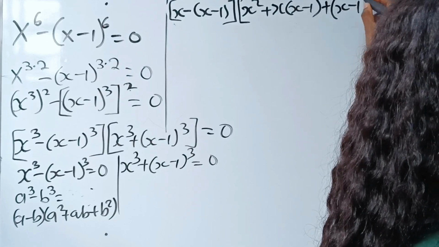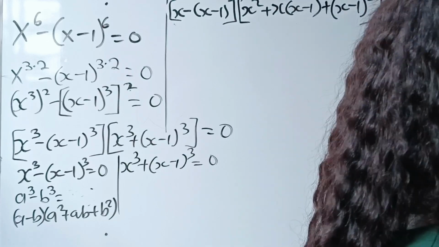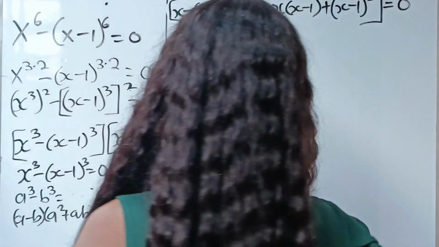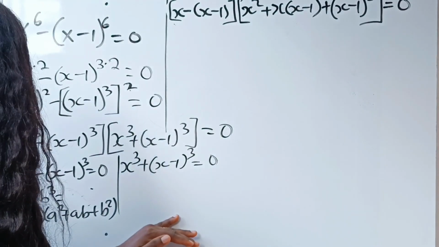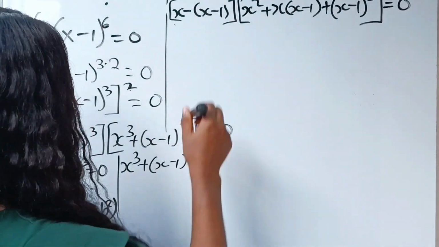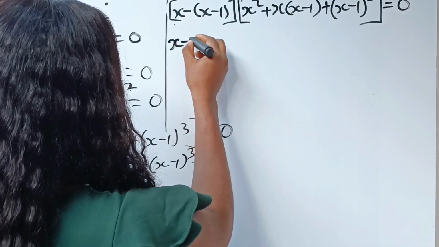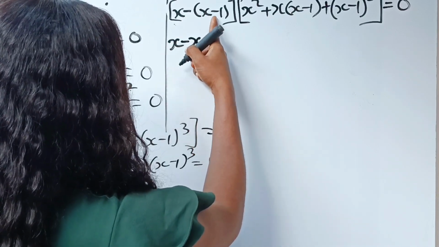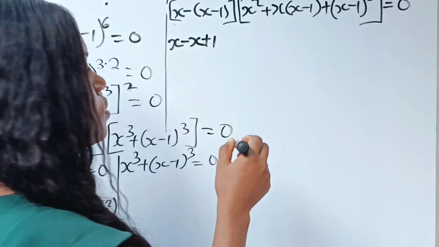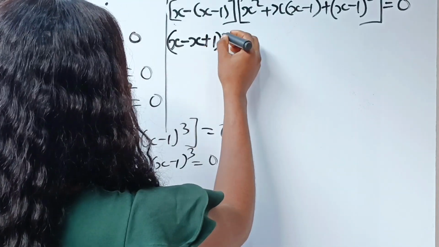Everything is equal to 0. Now let's continue from here. So we have x minus times x will give us minus x, minus times minus 1 will give us plus 1. That is it for this bracket.